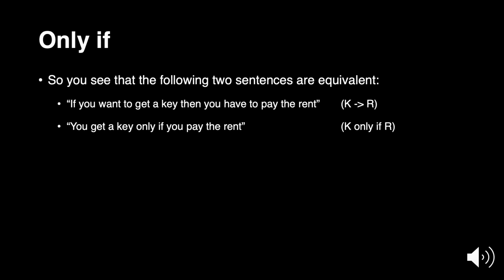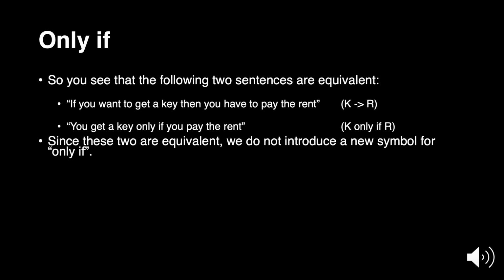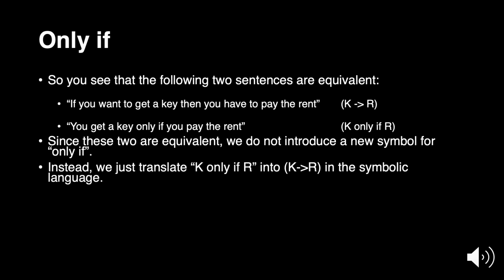K arrow R. Okay. And you get a key only if you pay the rent. K only if R. Since these two sentences are equivalent, in general, we do not introduce a new symbol for only if. Instead, we just translate K only if R into K arrow R in the symbolic language.